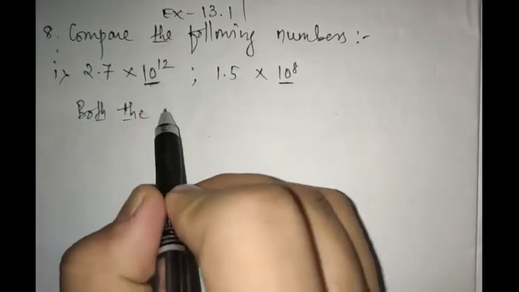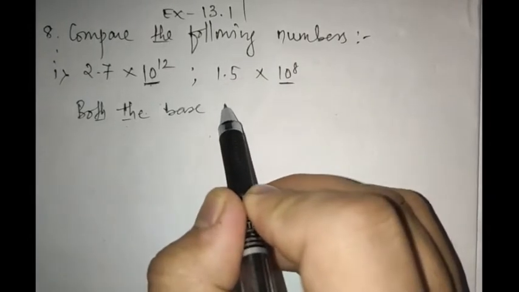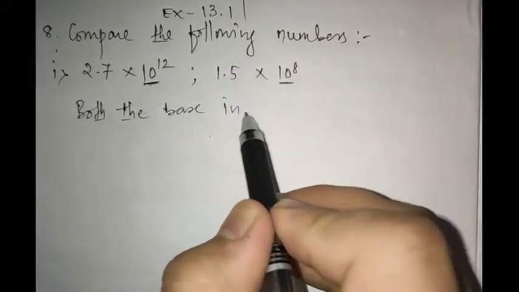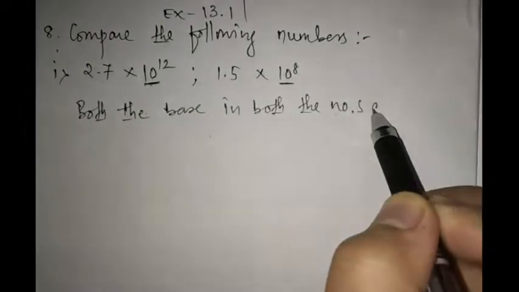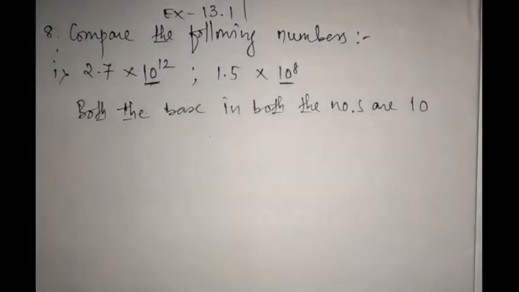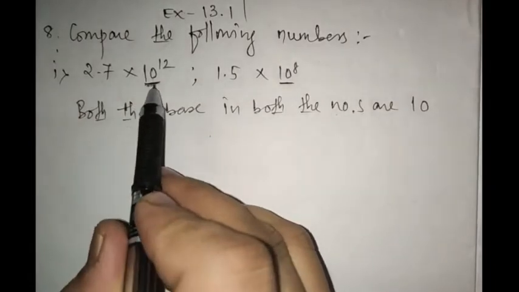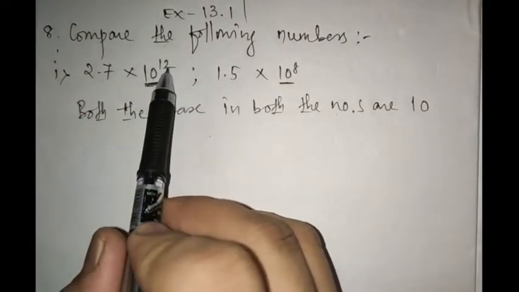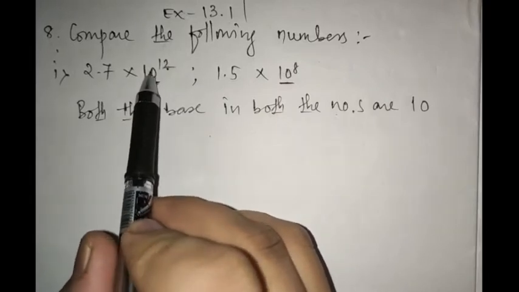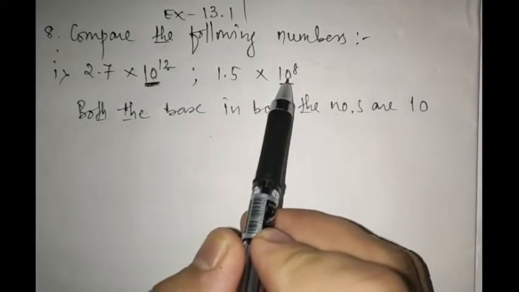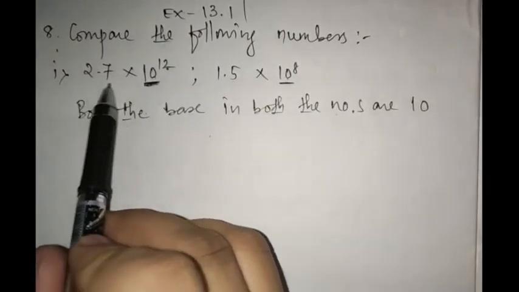Both the bases in both the numbers are 10. So what do you mean by base? The number in which the exponent or power resides is your base. So this 10 here and this 10 is your base. Okay, so this we cannot consider a base.